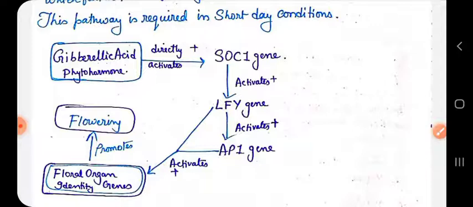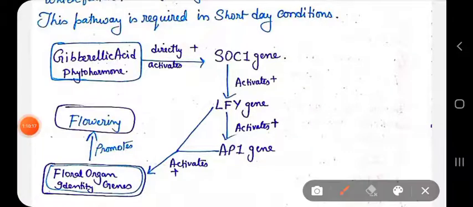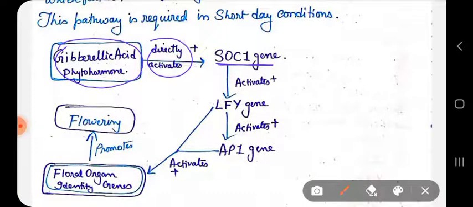So now here we will see how gibberellic acid is involved in flower development. Generally, gibberellic acid is a plant hormone. Gibberellic acid directly activates the SOC1 gene. Previously we have seen that the SOC1 gene is activated indirectly by the vernalization genes VIN3, VRN1, and VRN2 by inhibiting the expression of the FLC gene.